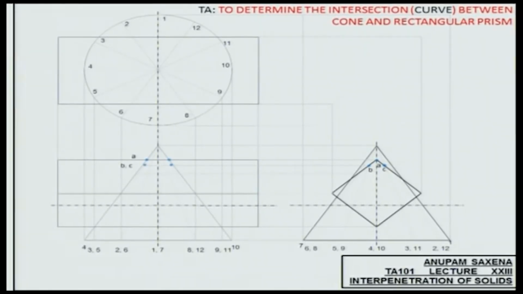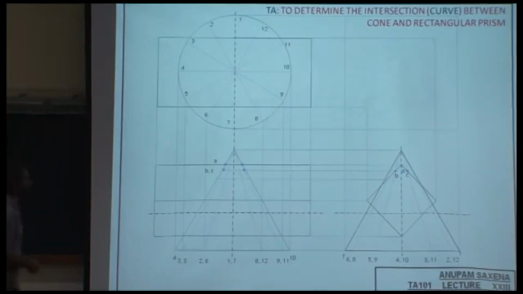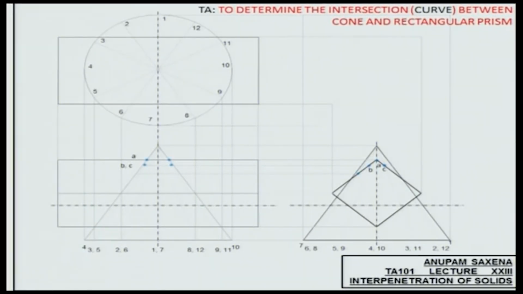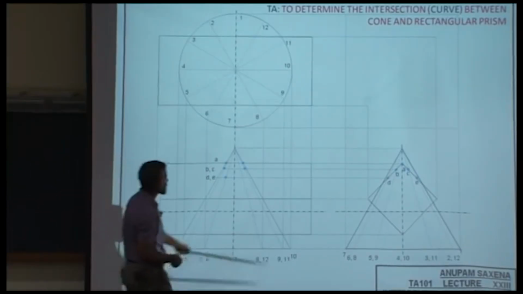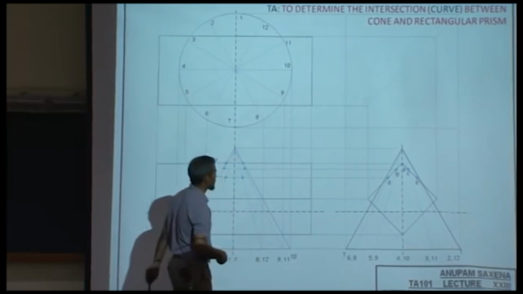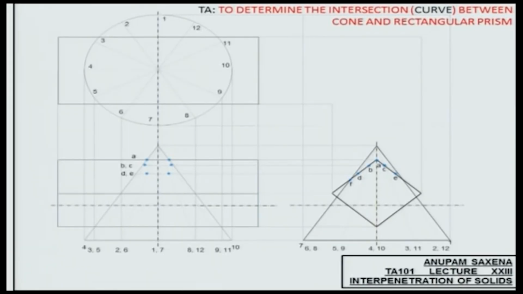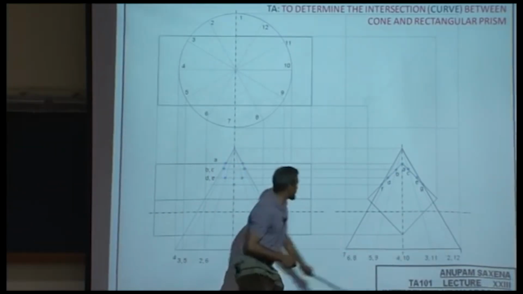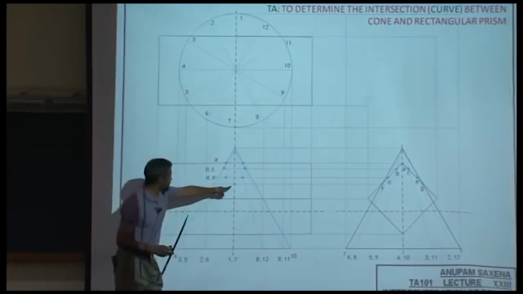Okay, BC. The third one comes from here, lies on 6 and 8. Fourth one would come from here, possibly. That would lie on number 7 and 1. 7 and 1 would be at the center here.